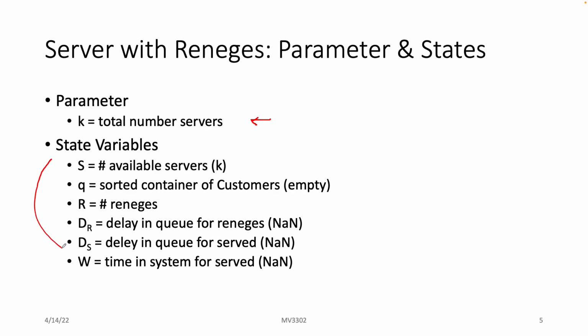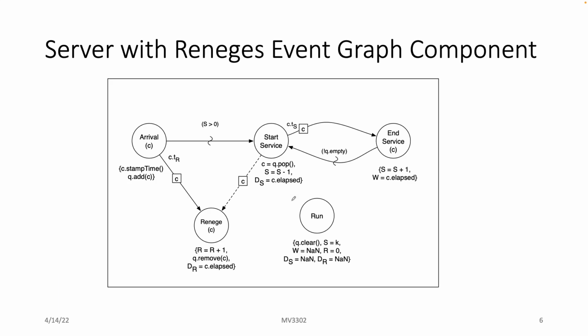Our state variables now are pretty much almost the same as before. So the number of available servers, the number of reneges, which is going to initially be, okay, I should have done this, this should be 0. The delay in the queue for the reneges, the delay in queue for served, and the time in the system for those served. So this is the same as before, except that the sorted container now contains these customer guys instead of the integer IDs that we had in the previous model.